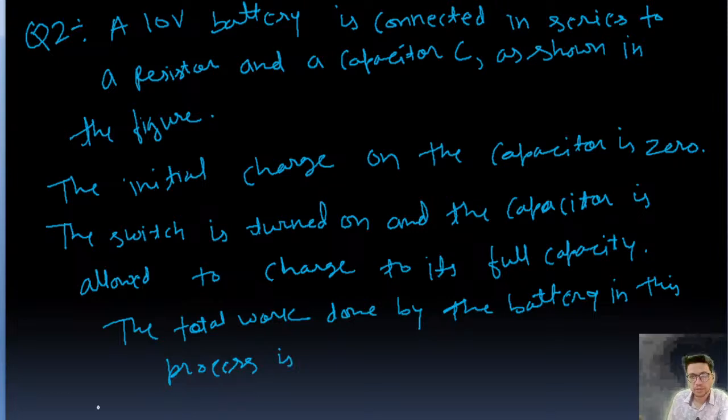Okay, options are: option A is 10 to the power minus 3 joule. Option B is 2 into 10 to the power minus 3 joule.